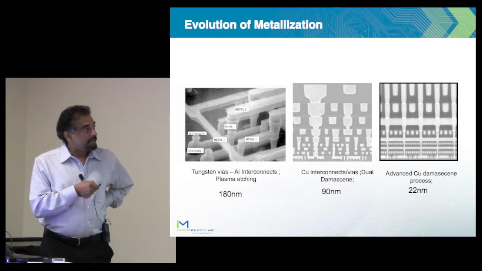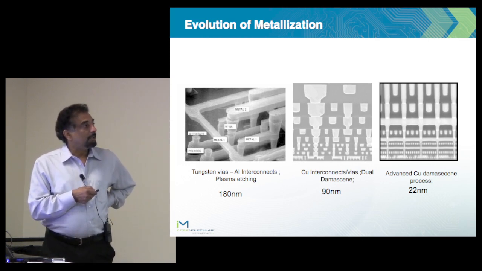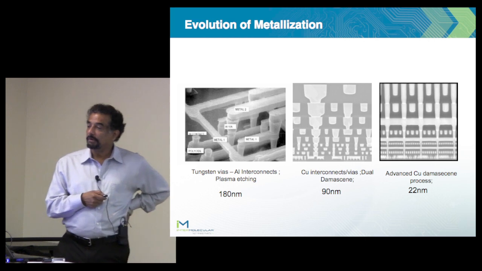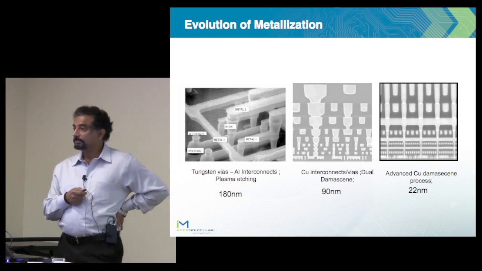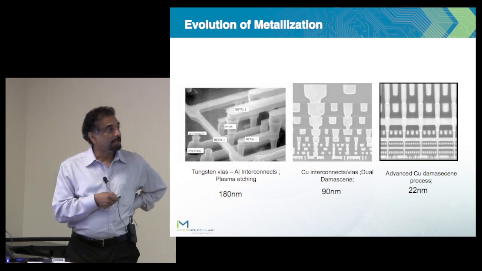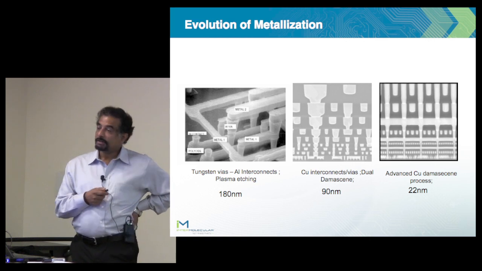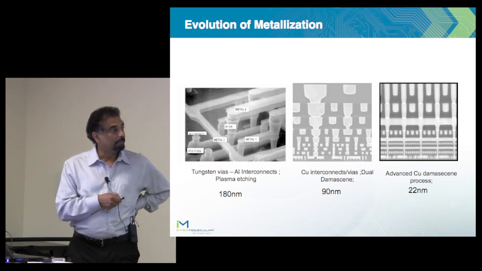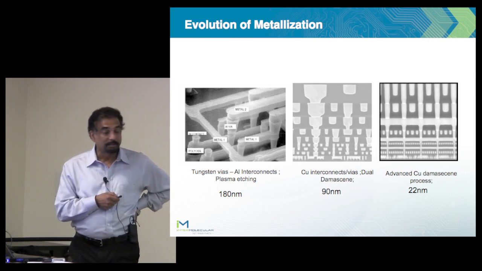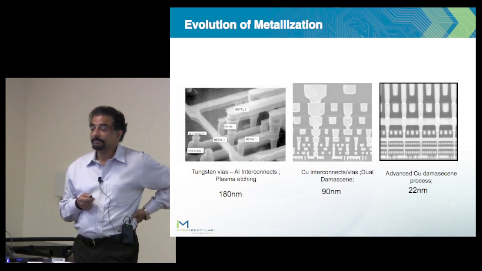And then the biggest change in the metallization was the introduction of the copper damascene by IBM, and that allowed the further improvement of the whole interconnect stack, allowing almost like 9 levels of metal.